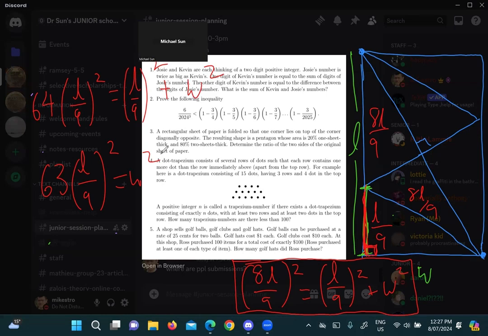Then I put the square root of the thing on the other side, so W is equal to the square root of 63 times L over 9 in brackets squared.